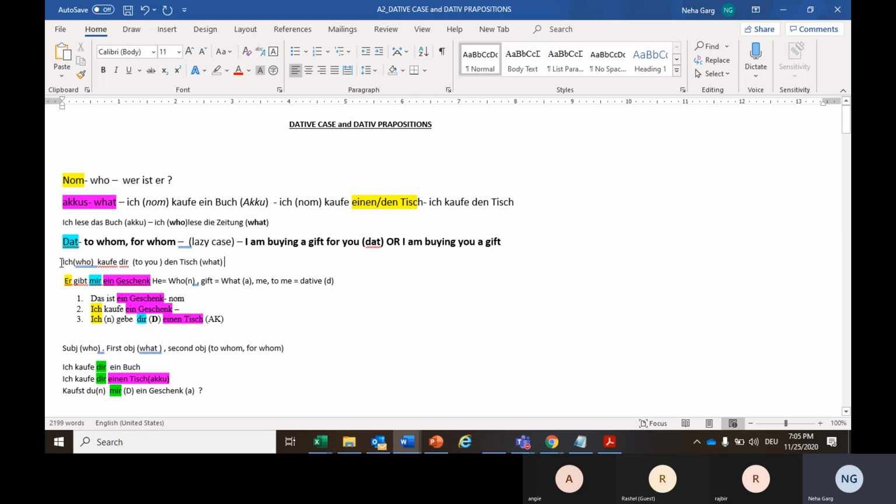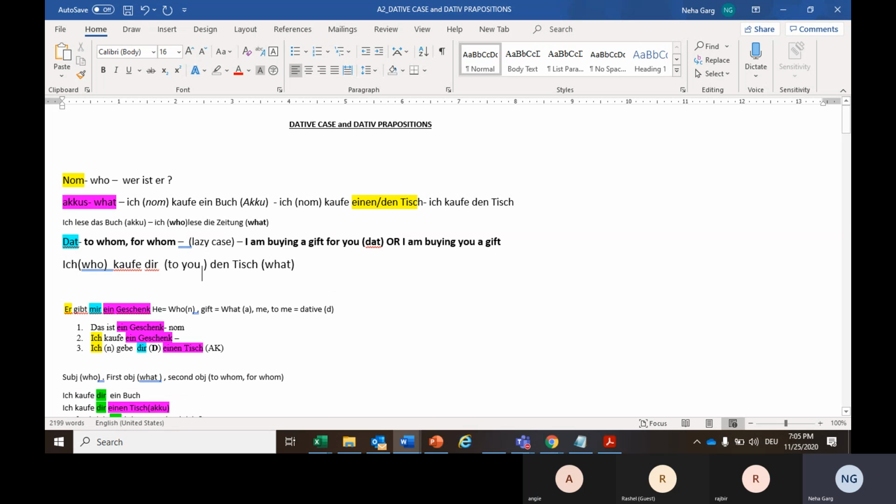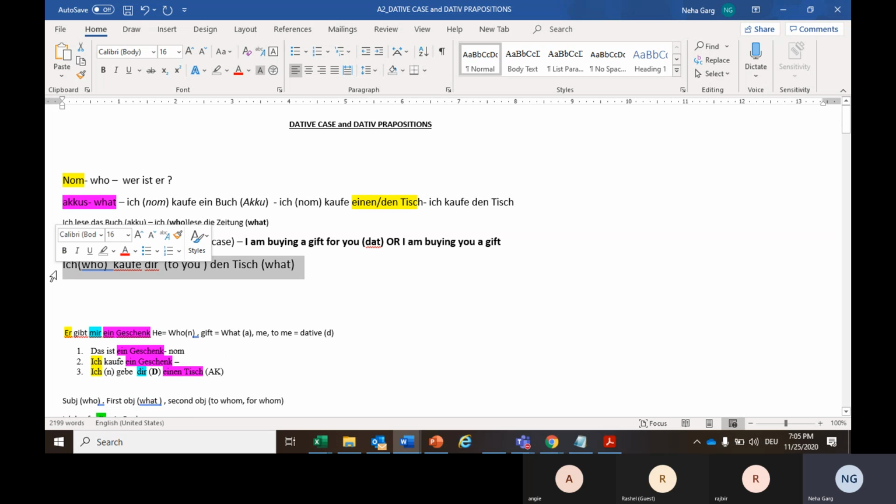Yes. So see the sentence now. Ich kaufe dir den Tisch. So this means I am buying you a table. So who is buying a table? I am buying a table. So ich is nominative here. Then what am I buying? I am buying a table. So Tisch is accusative here.